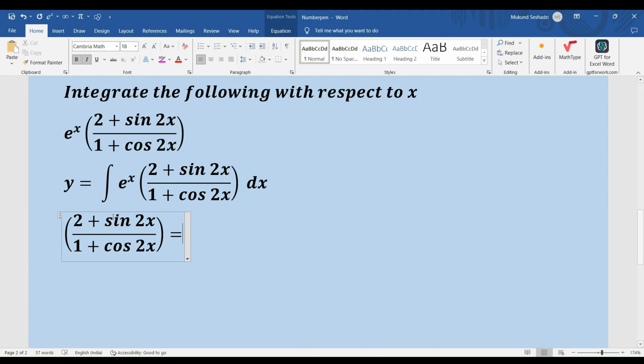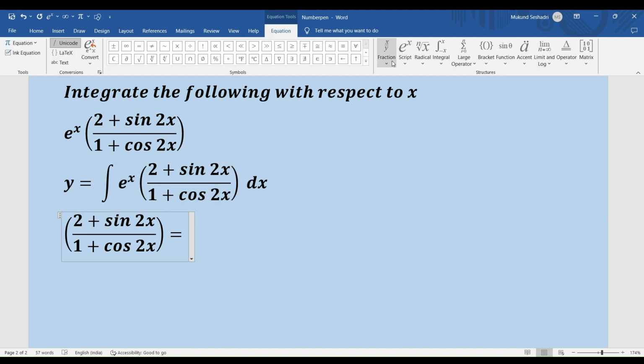Now I know that my 2 plus sine 2x is nothing but 2 plus 2 sine x cos x, right? So let me write it down. And what is my 1 plus cos 2x?